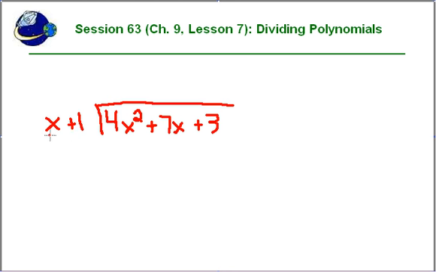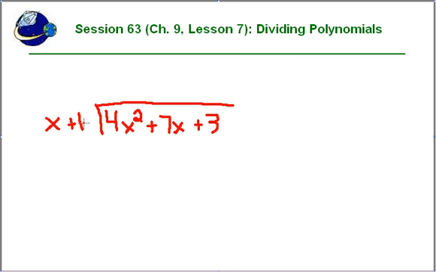Each one of our polynomials is written with the biggest degree term to the left and then working toward the smallest to the right. In x plus 1, we have two terms. Here we have x to the first, which is the same thing as x.